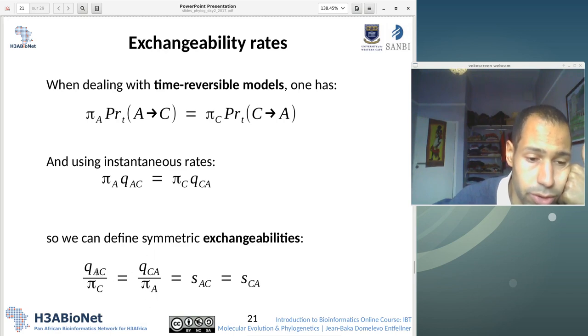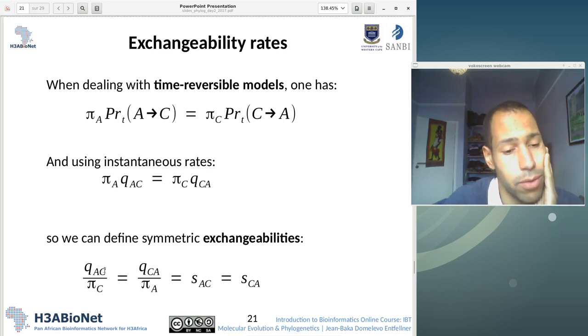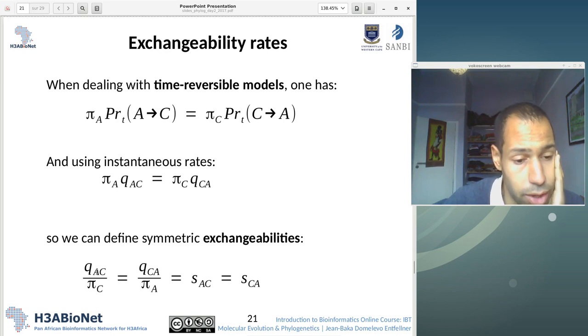So you see that it's symmetric in the two characters A and C. If in this expression you replace A by C and C by A, you have QCA divided by pi A. Okay, that's it. So it makes sense to say, okay, we have an interesting equality that is symmetric.